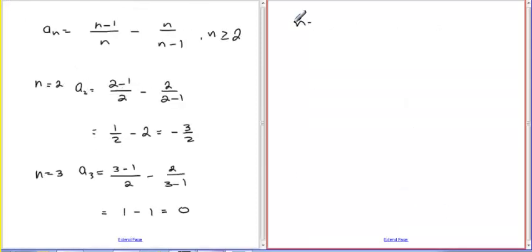Okay, let's try n equals 4. A sub 4 is going to be (4 minus 1)/4 minus 4/(4 minus 1).